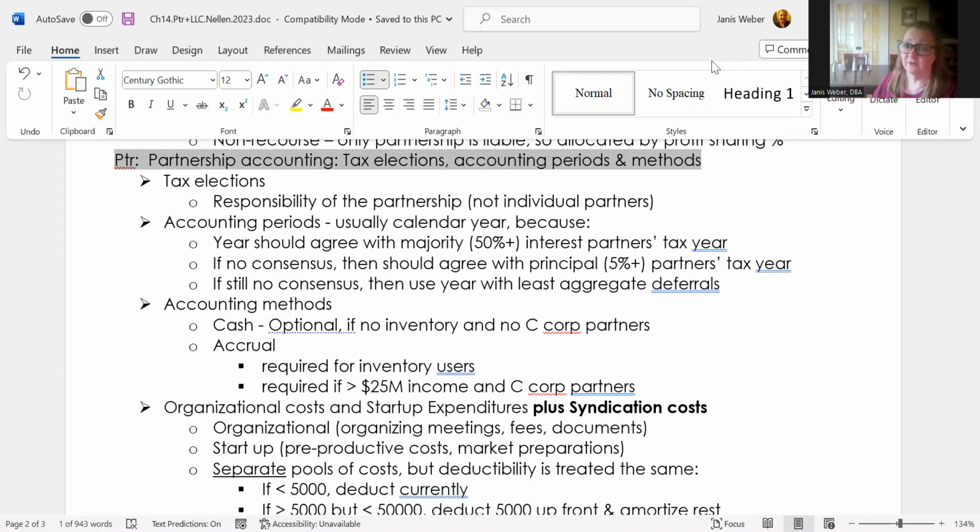Again, if you didn't have corporations as partners, there's very little chance you would be anything but a calendar year under that. But if you had corporations as your partners, they might have different months for their year end.